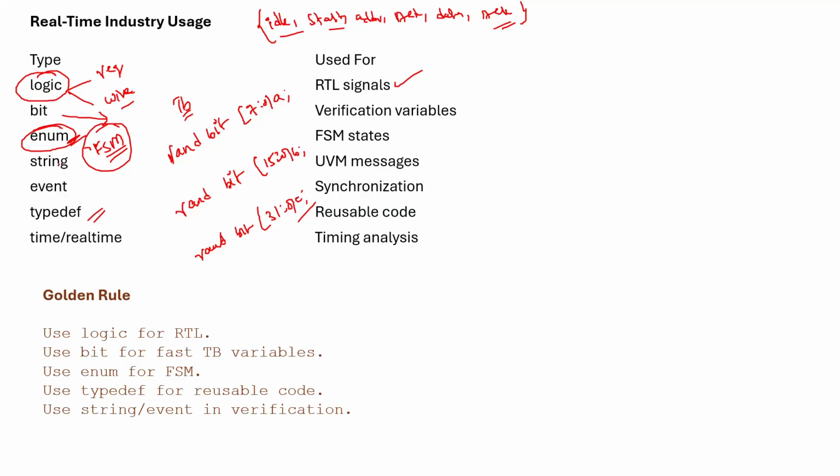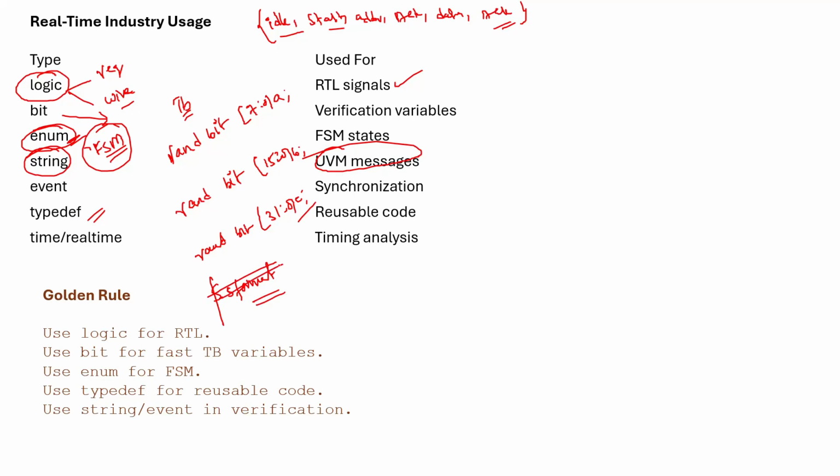Clear? And string is used for storing different messages for printing. UVM messages are always printed, and for that purpose we can use string. They use $sformatf, which is used for converting one type of data to another data type.